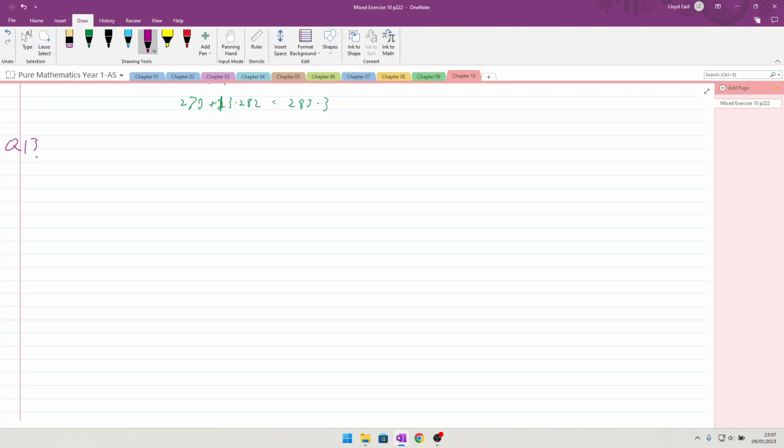Find the values of x in the interval of 0 to 270 degrees, which satisfy the equation cos of 2x plus 0.5 divided by 1 minus cos of 2x equals 2.